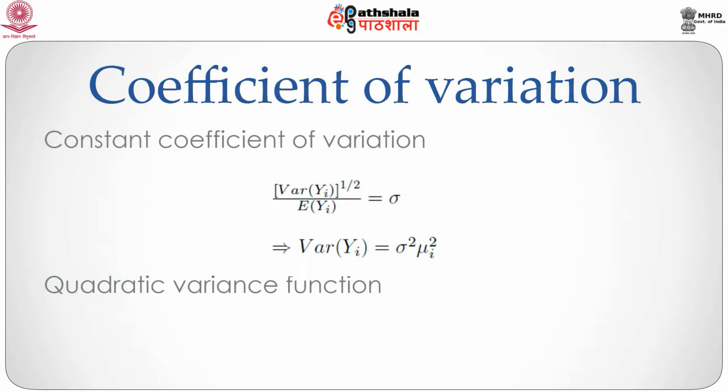Note that although it is standard to measure the variability of a data set using the standard deviation or the variance, in some cases a more natural measure is the coefficient of variation. So the coefficient of variation is defined by the variance to the power half, that is the standard deviation, divided by the mean.